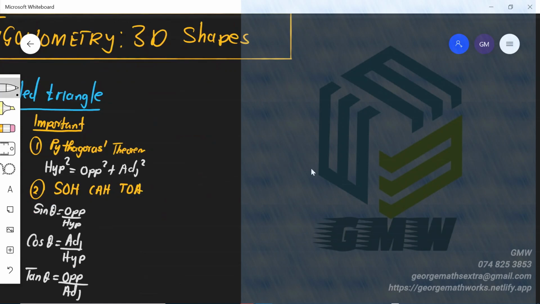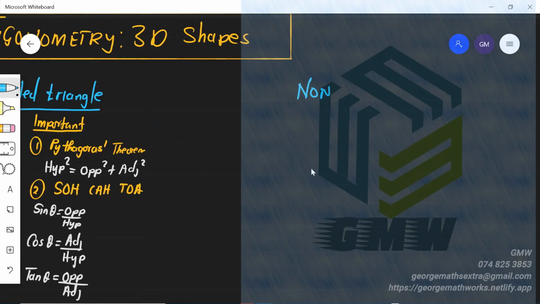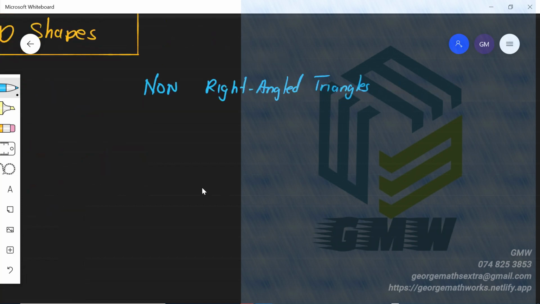So we want to discuss what happens when you are dealing with non right angled triangles. We need to see what happens if what we are dealing with is not a right angle triangle.